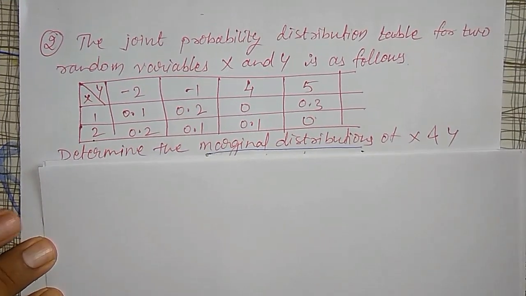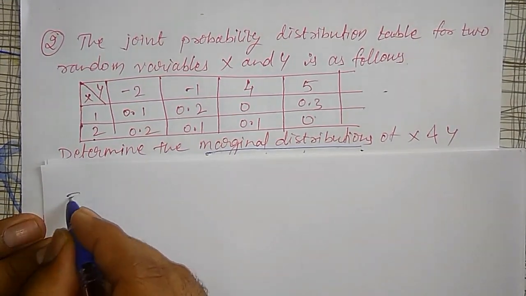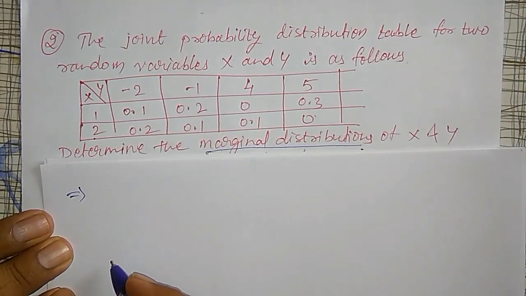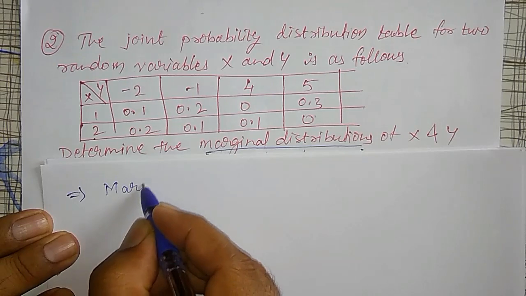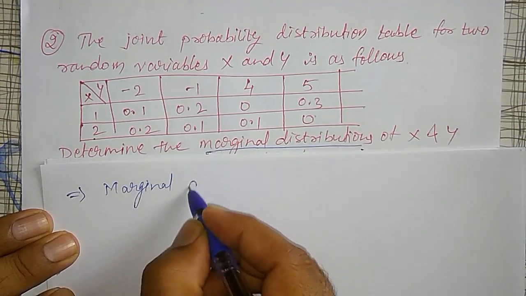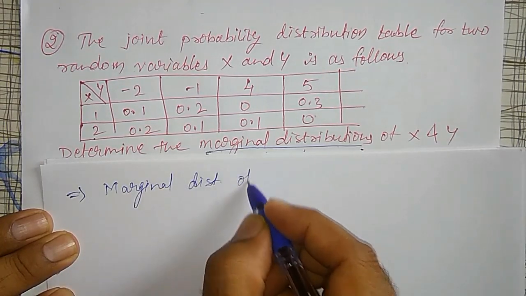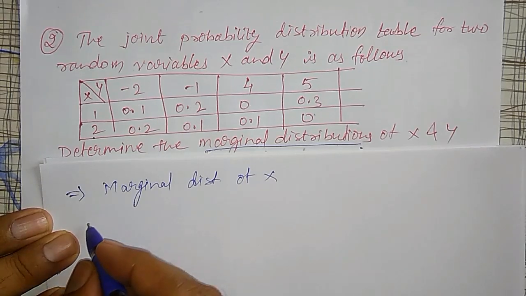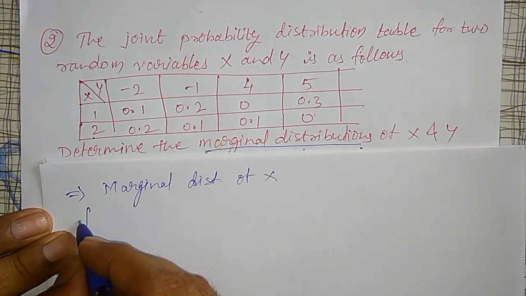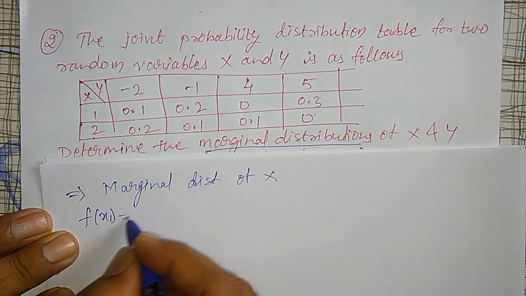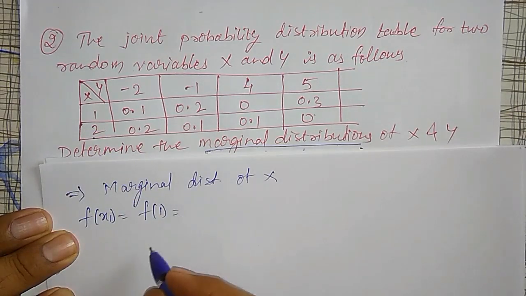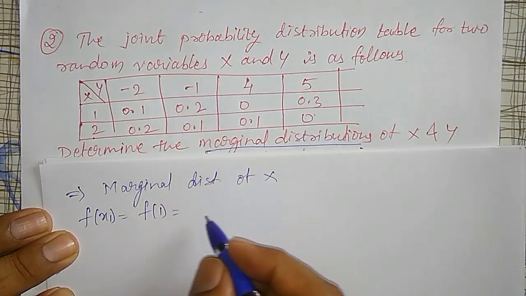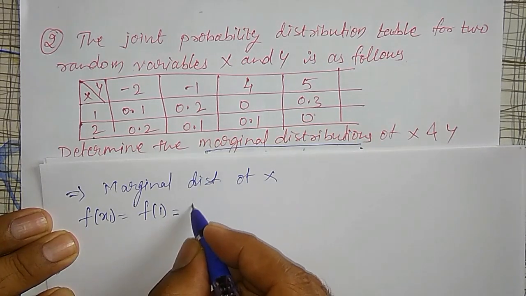Here, first of all, marginal distribution I will calculate. To find out marginal distributions of x now. Marginal distribution of x is nothing but f of x1, that is f of 1, x1 is 1, is equal to addition of all these things.